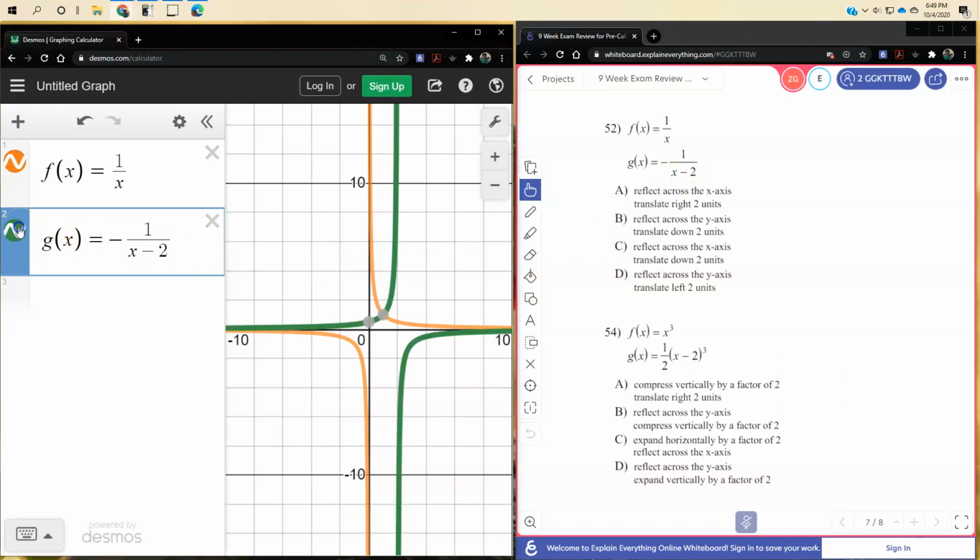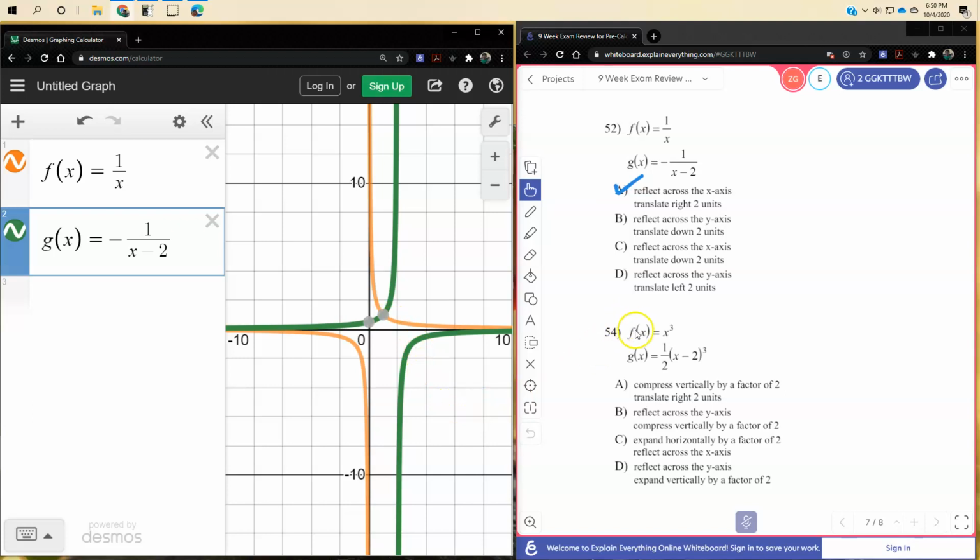You see the orange is the parent function. The green is the new function. You notice that it has been reflected over the x-axis, and it did shift 2 units to the right. So reflect over the x-axis, translated 2 units to the right, so your answer is A.